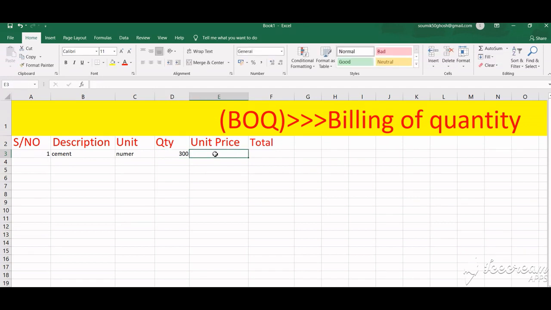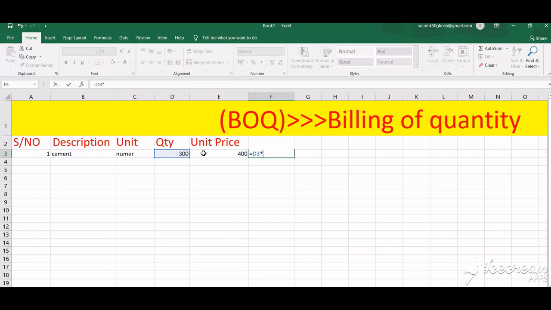Unit price is 400. Total amount is equal to D3 into E3. Enter. Total amount calculated.